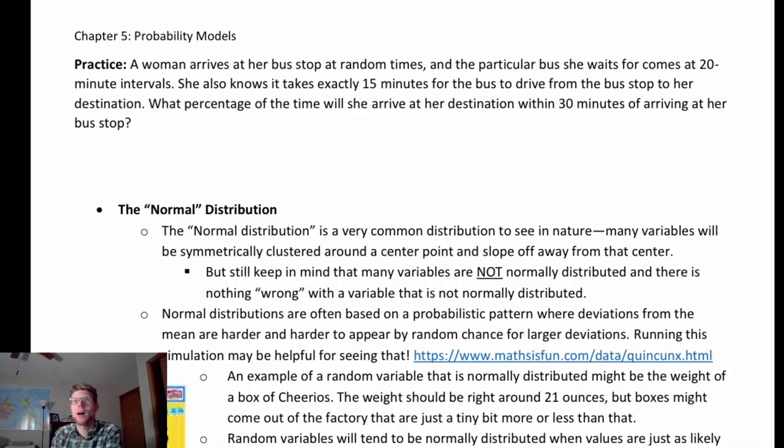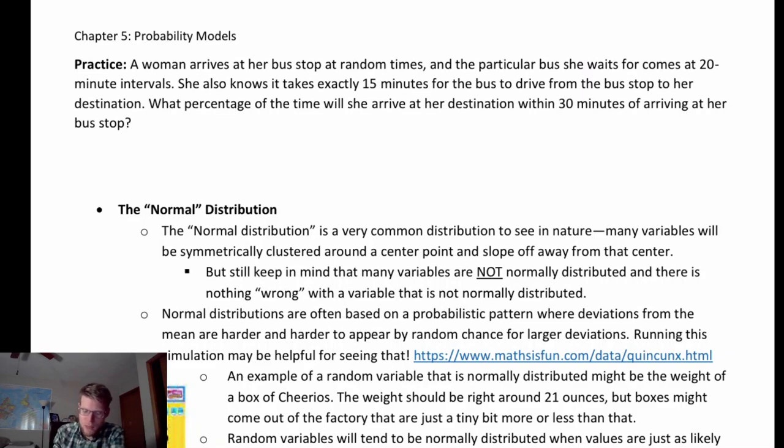So there's 20 minutes for the bus stop plus an added 15 minutes. However, there's also a minimum time for her to get to her destination. So it's not uniformly distributed from 0 to 35. It's going to be uniformly distributed from 15 to 35, right? So at minimum, she gets there in 15 minutes. At maximum, she gets there in 35 minutes.